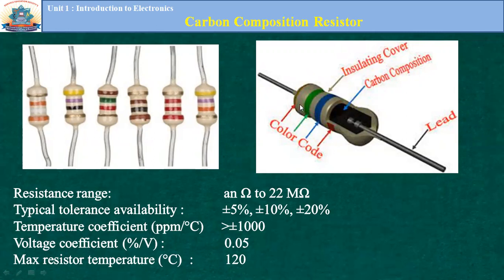This resistor we are looking at is 1 by 4 watt, meaning a 0.25 watt resistor.